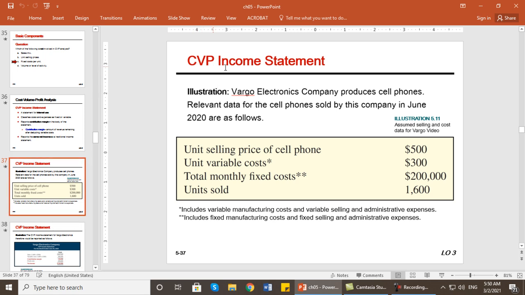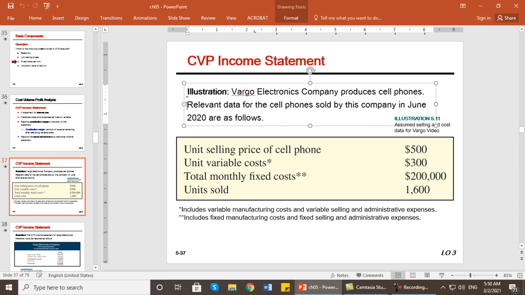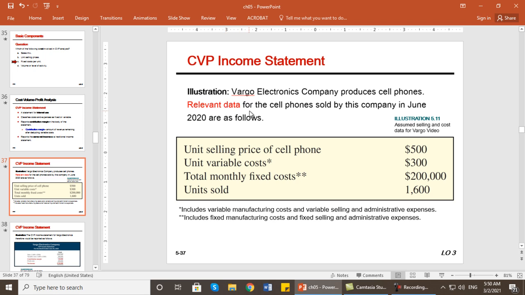Now, a cost value profit income statement for V Electronics company, which produces cell phones. Relevant data for the cell phones sold by this company in June 2020 are as follows. Relevant data is a very important item in managerial accounting: relevant data for the decision we make.